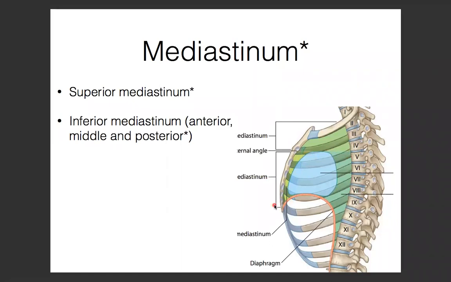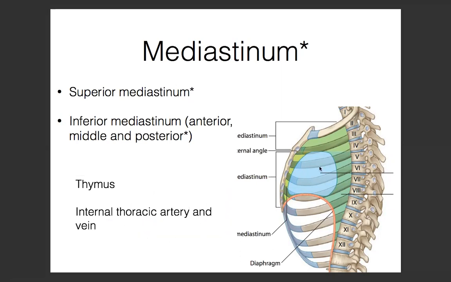The content of it is not that much. There's the thymus gland, that's an important one. And there are the internal thoracic vessels, which is an important one too. The thymus itself sits in the anterior and in the superior. Then there's the internal thoracic artery and vein.